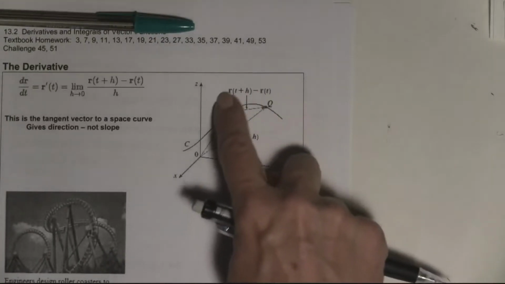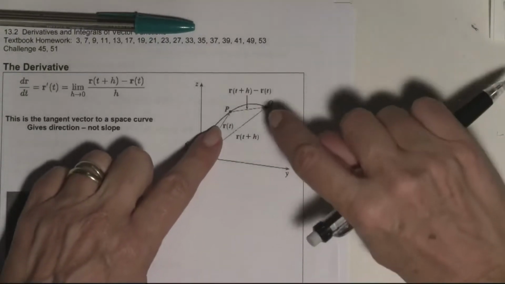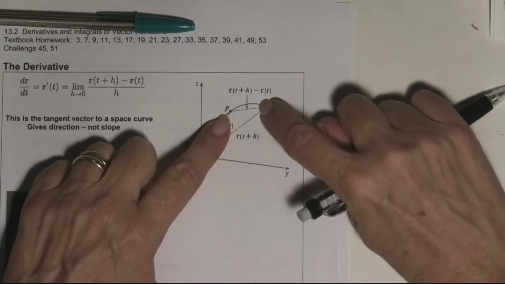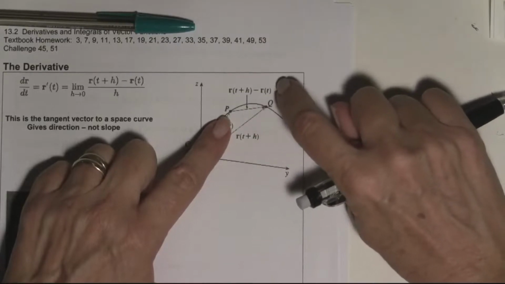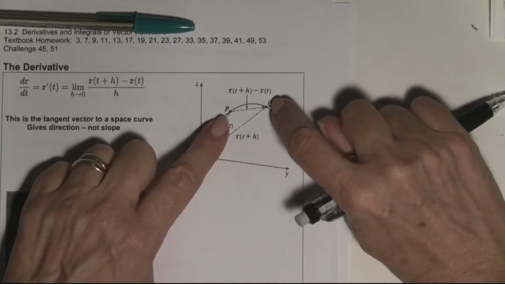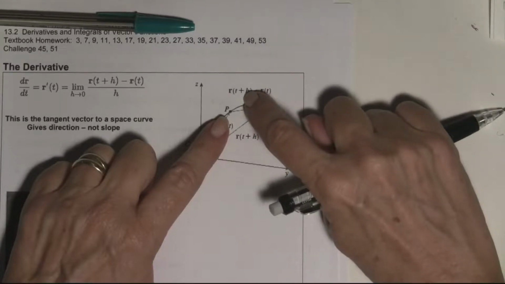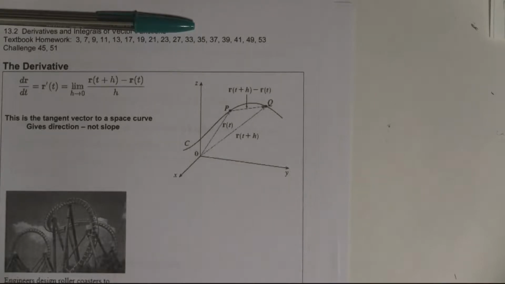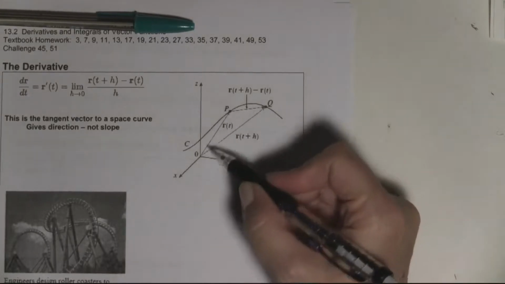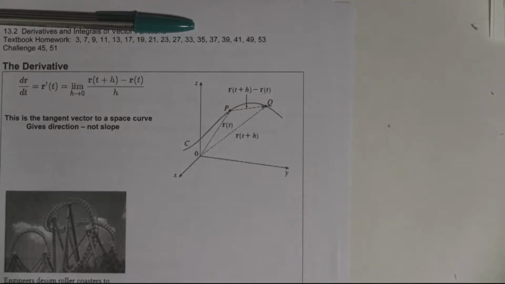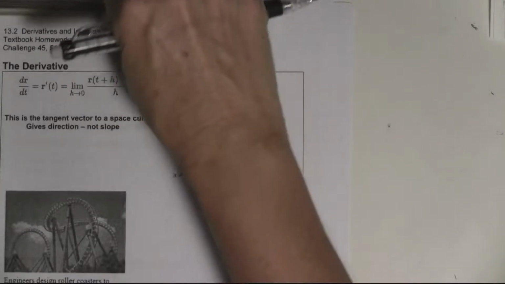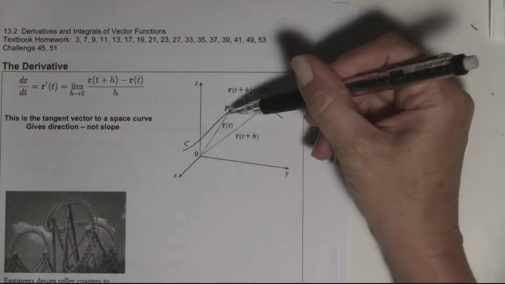The idea it's showing is that as the two points P and Q get closer and closer together, the distance between the points, h, is getting close to zero. As those two vectors, the P vector and the Q vector, become one vector, that's going to find the slope at that particular point, right there at P.